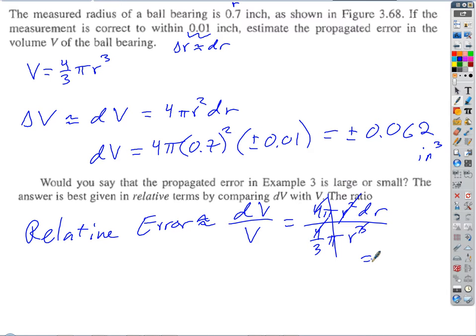So I end up with 1 over 1/3, which is 3 dr over r. It's a pretty simple formula, right? So we just plug in dr is plus or minus 0.01, r is 0.7. I like that. That's pretty simple.